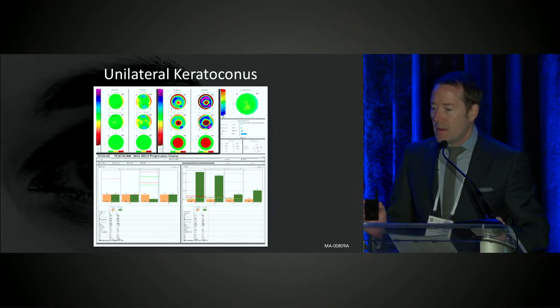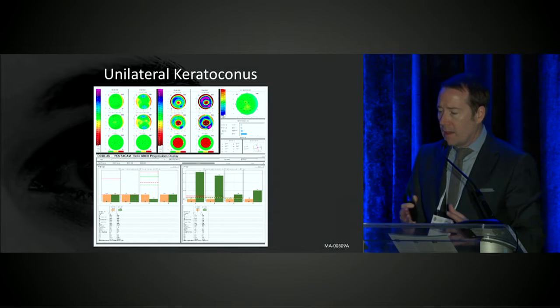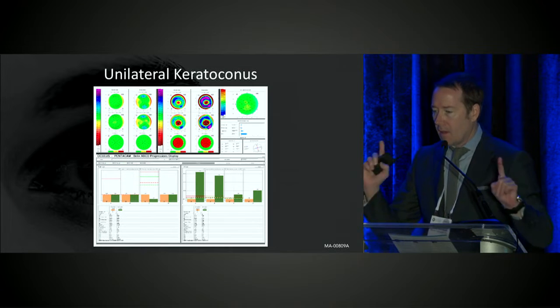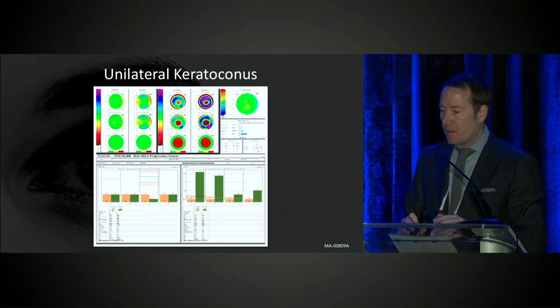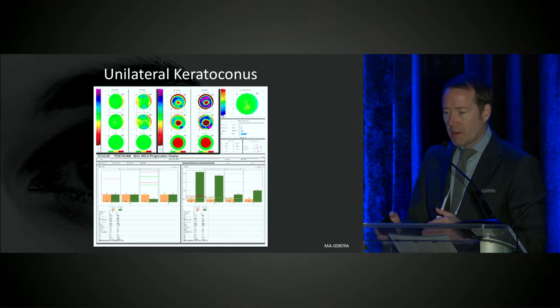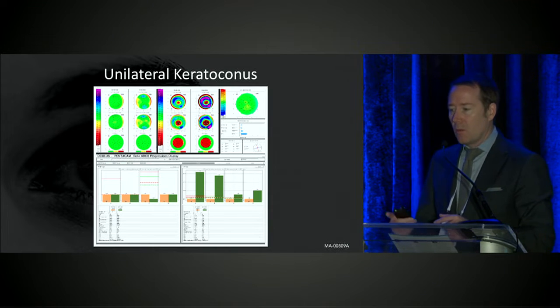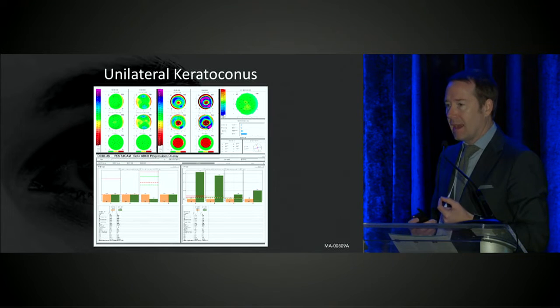But the neat thing about looking at the ABCD is that we can now look at progression relative to normal in this case, and you can see on the left panel, there's essentially no progression over time. You've got 2 time points here, and in the right panel, there's clear progression over time. What's even more interesting about this case is that the biomechanical parameters actually tested normal in the seemingly normal eye.